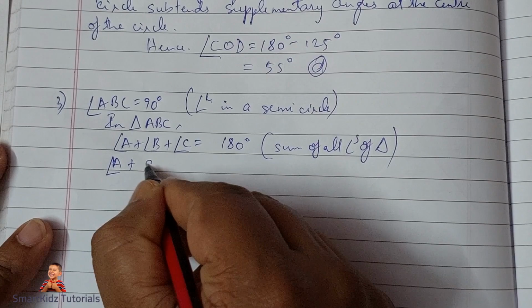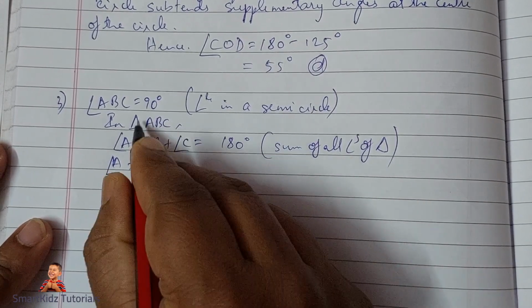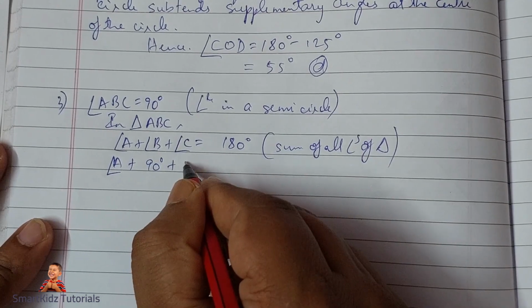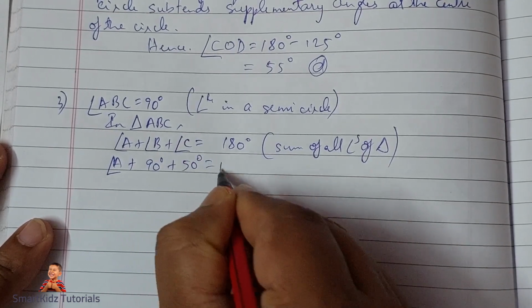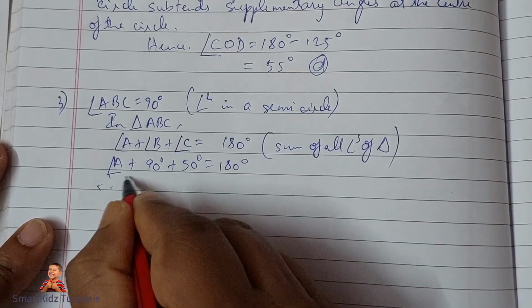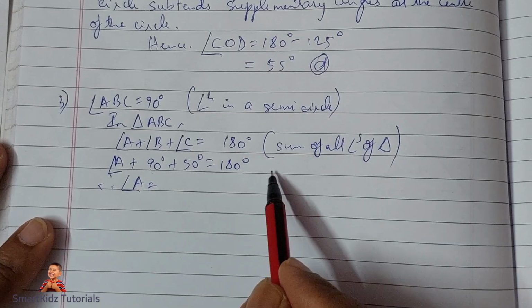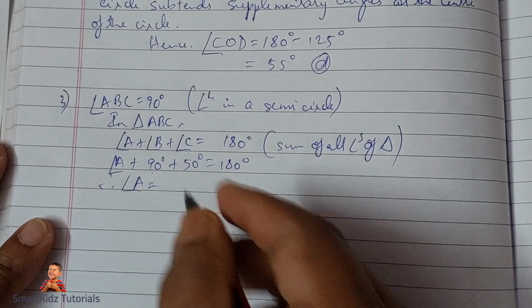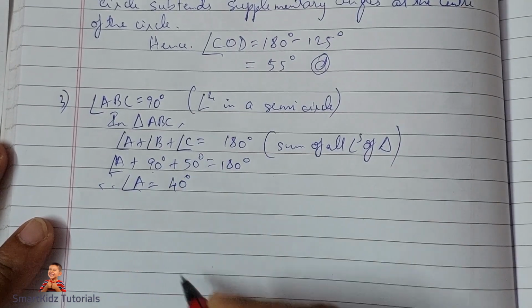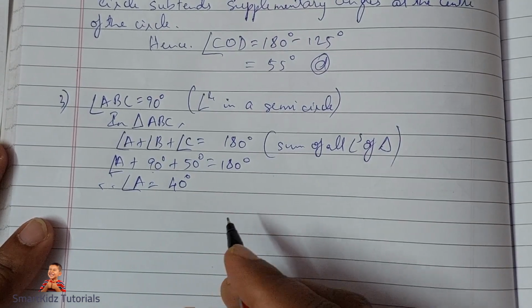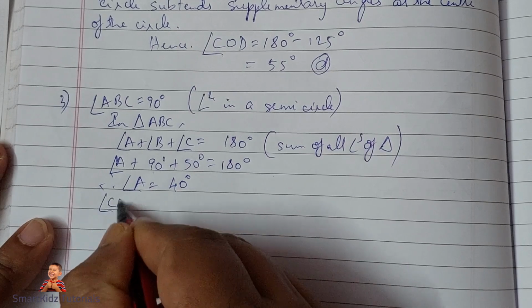Then angle A we can leave like that. B is 90 degrees, which we have proven over here, plus C is given to us as 50 degrees, equals 180 degrees. Therefore, angle A will be 180 minus 140, which gives us 40 degrees.